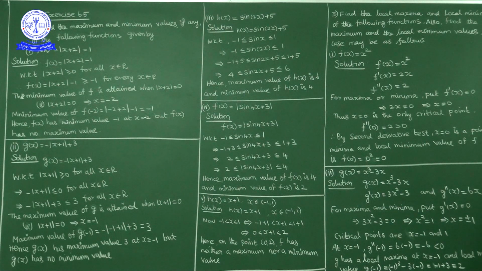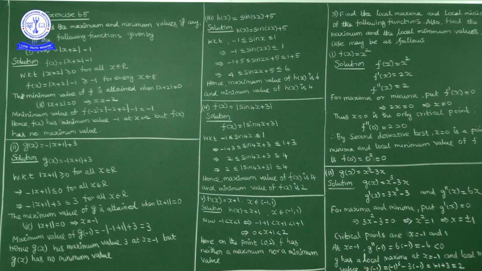F of x has no maximum value, as x approaches infinity, f of x approaches infinity, and when x approaches minus infinity also, f of x approaches infinity. So f of x equal to mod x plus 2 minus 1 has no maximum value. The minimum value is minus 1 when x is equal to minus 2.